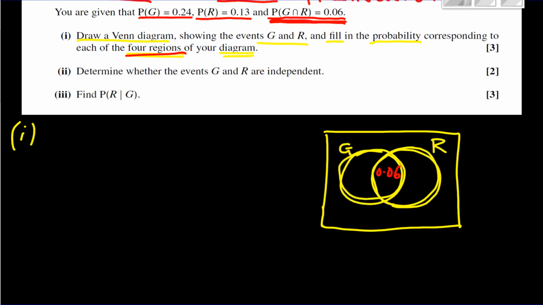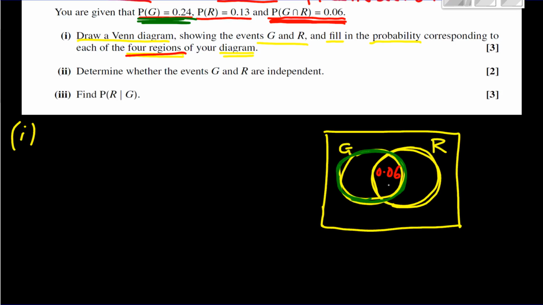Okay, using a bit of colour now, they told us that the probability of going to the gym was 0.24. So I'm just going to mark the gym with the G in green. That is the set of people who are going to the gym, and the total of that is 0.24.